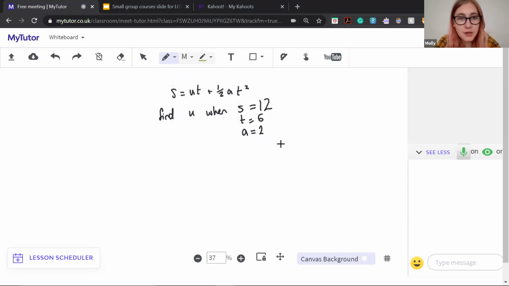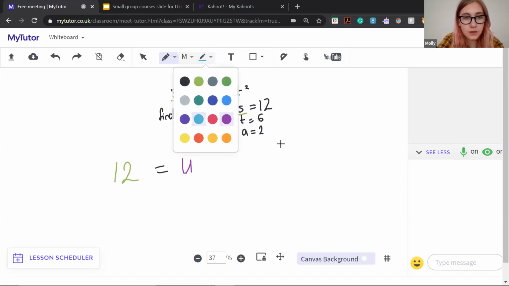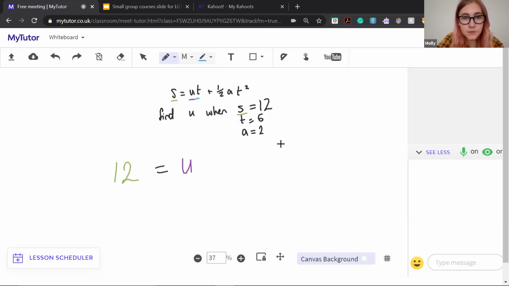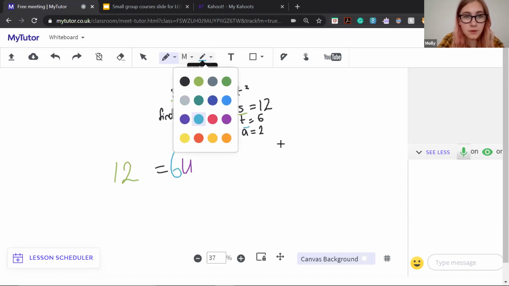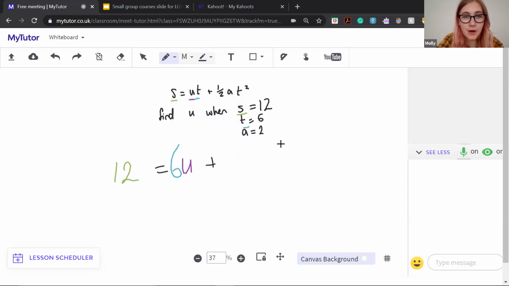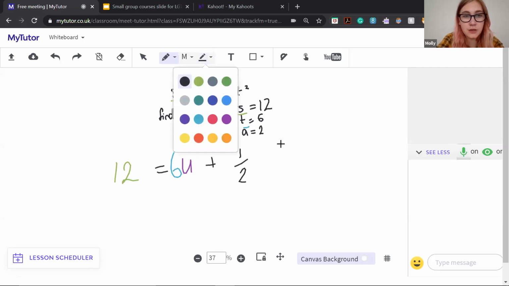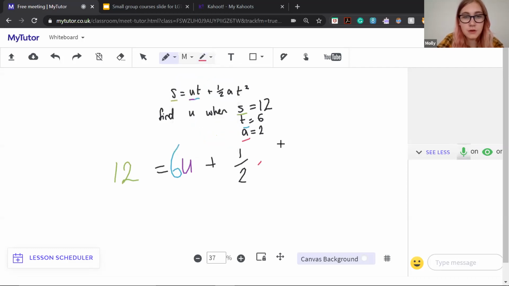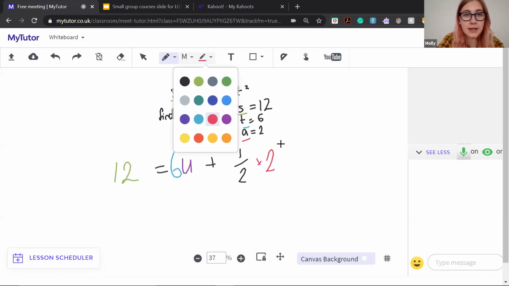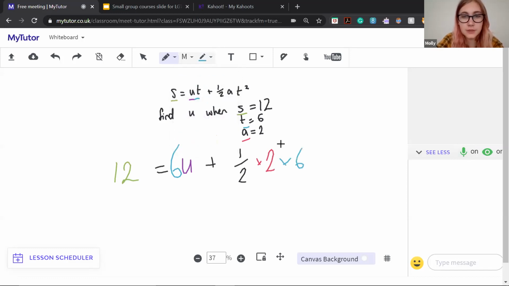I'm going to again do the highlighting, the color coding part. So we have 12 equals, so u is what we're looking for, t is 6, so we'll call that 6u, plus, now half is just a half in the question, then a is 2, and t, as we've already underlined, is 6, so we square that.